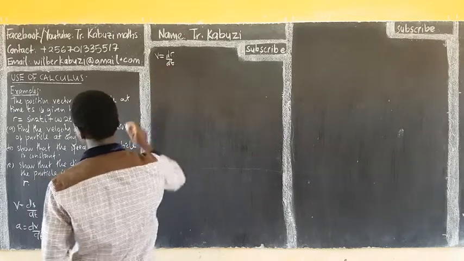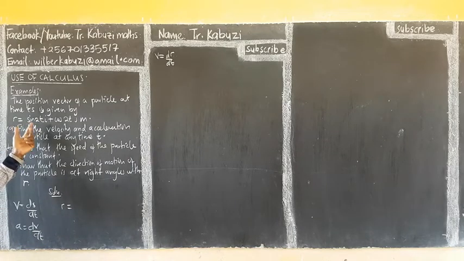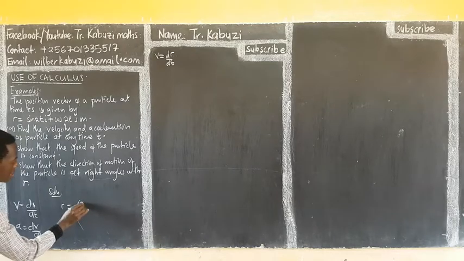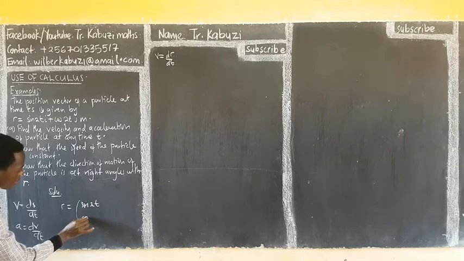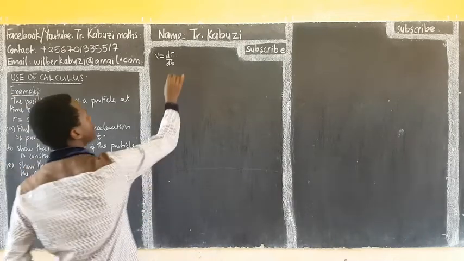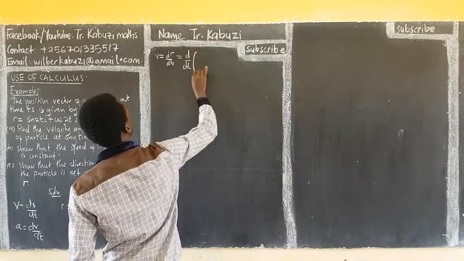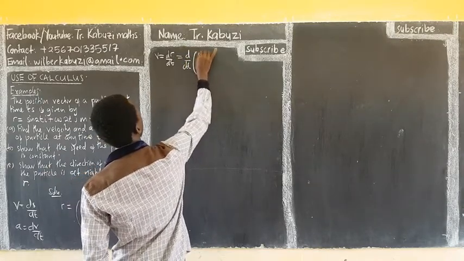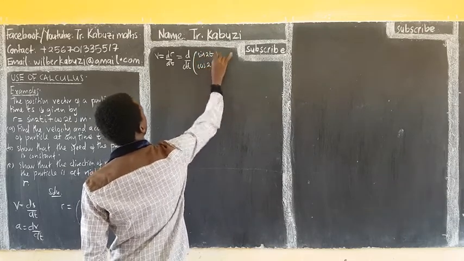So remember our displacement r, I can write it in vector form as sine 2t and cos 2t. So this will be the derivative with respect to t of sine 2t, then cos 2t.